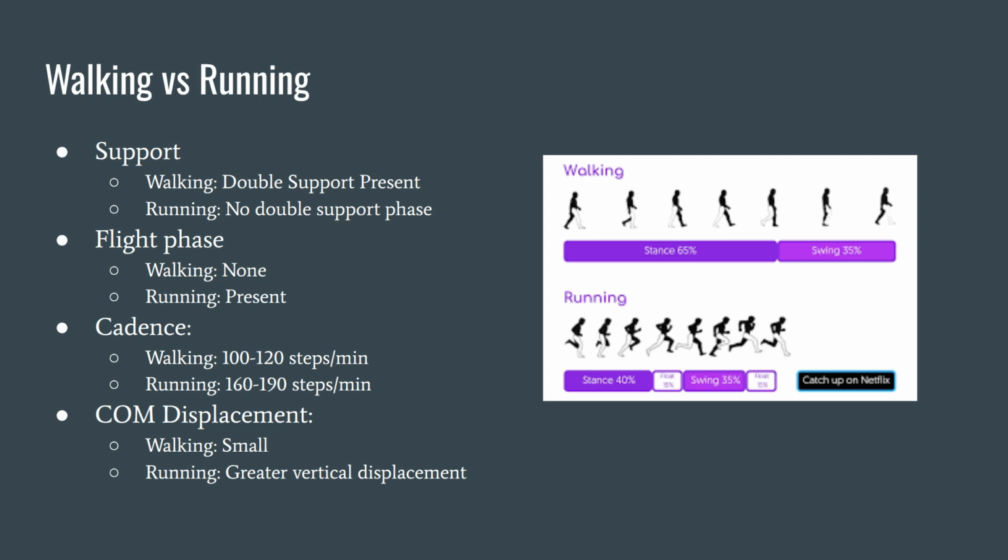Let's explicitly compare walking and running, because this helps you predict injuries. Recall from the walking lecture that double support allows the body to hide deficits. Running removes that safety net.